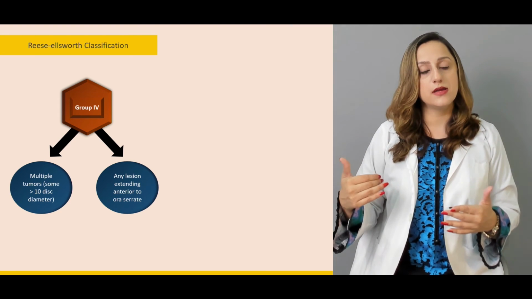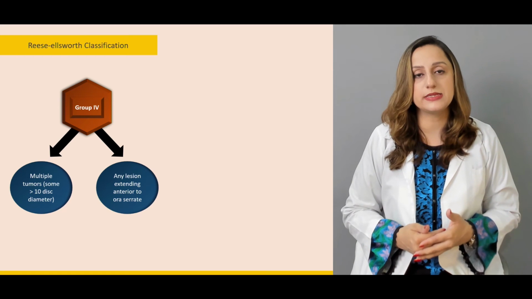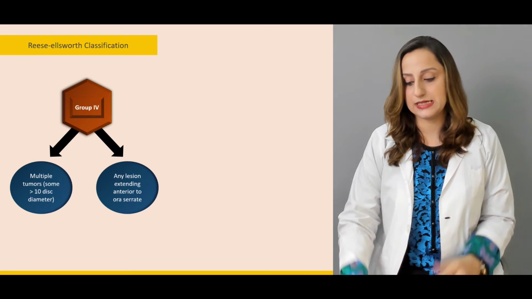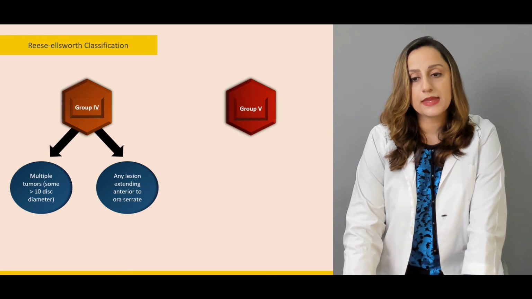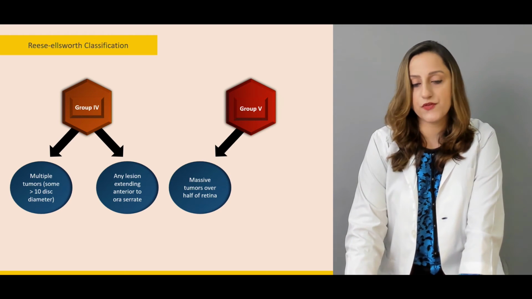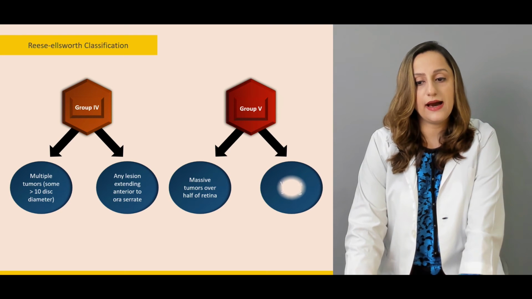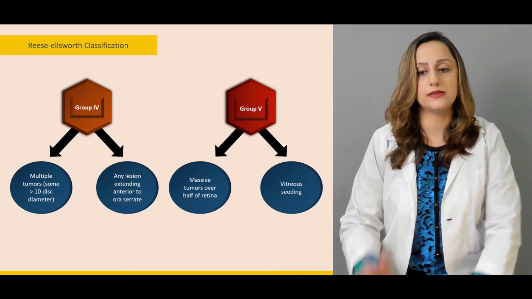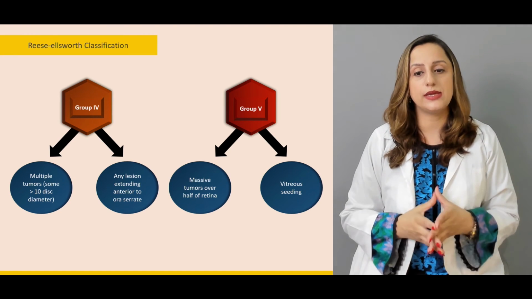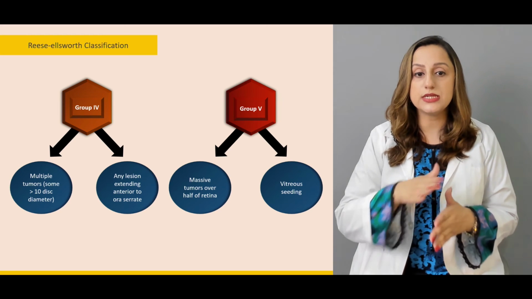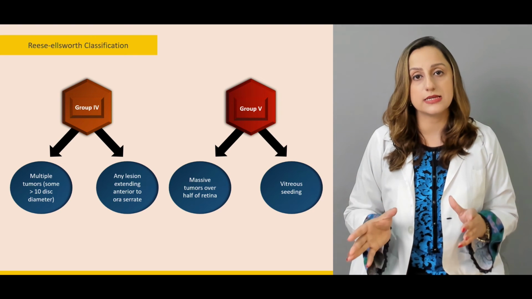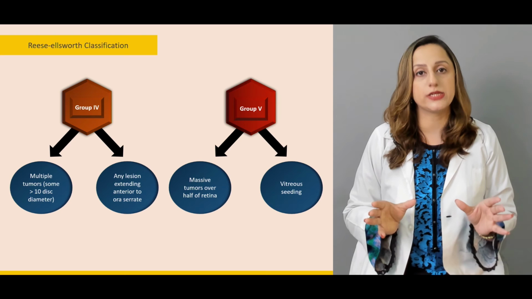As we move down the groups, the disease is not significantly affecting the visual acuity. We have group 5 disease, in which we have a massive tumor over half of the retina, and vitreous seedings as well. If it's just the vitreous seedings, we relate it to group 5. This is the classification known as the Reese-Ellsworth classification, for retinoblastomas.